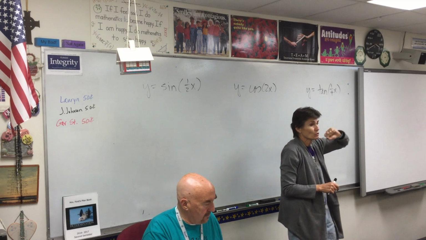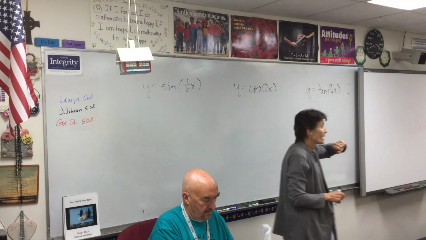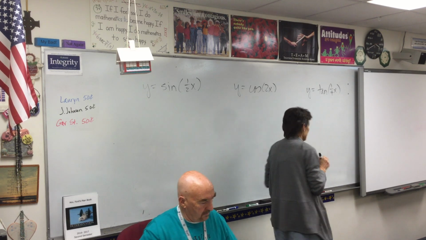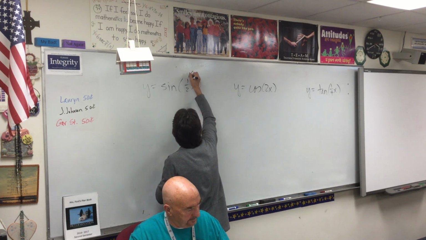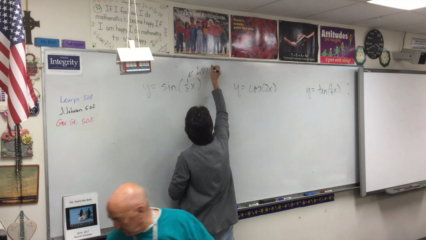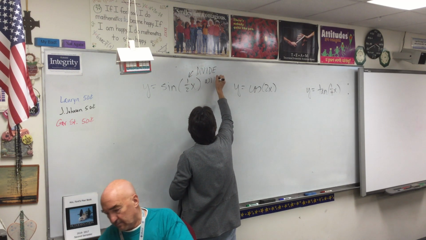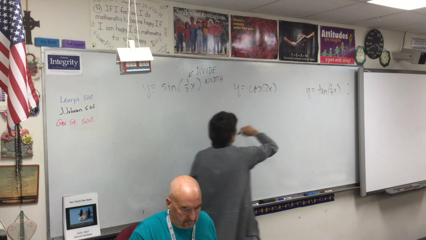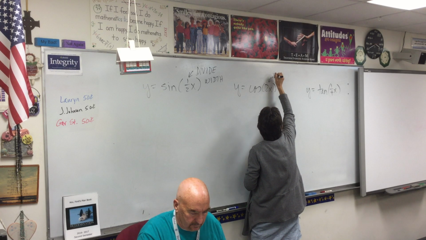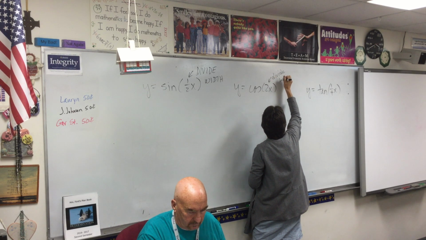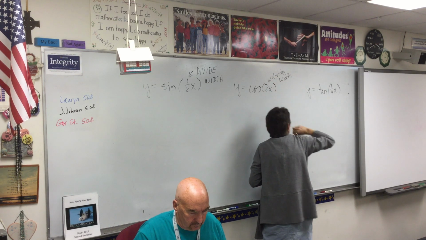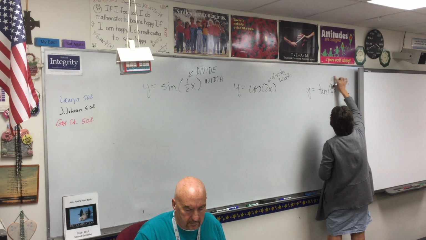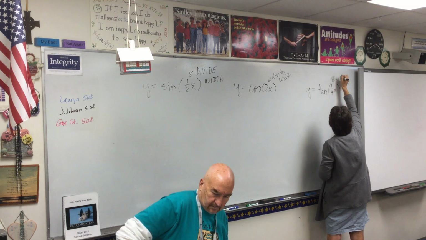So who remembers what the extra number in front of the x does, Pat? It divides the width. Exactly. So this number right here is going to divide the width. Now, if you have forgotten that, make a note of it, because the number in front of the x is going to divide the width.